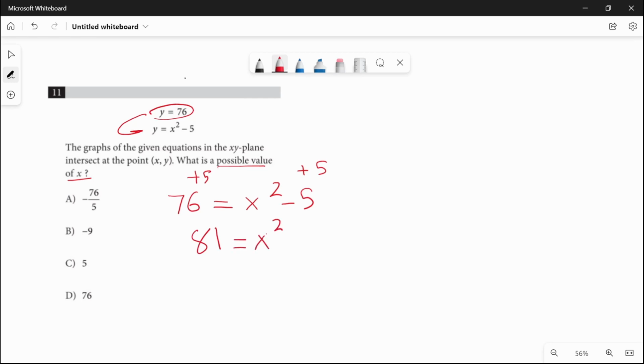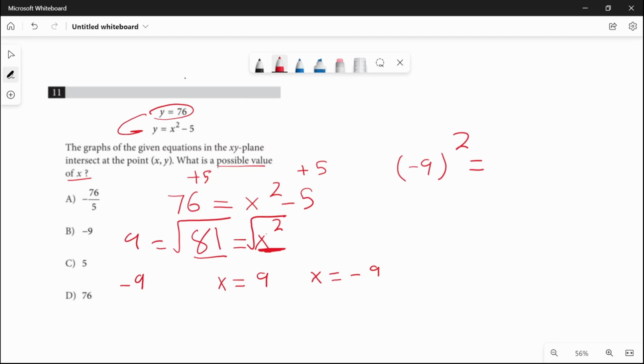And that means that x could be equal to 9 or negative 9, because we can take the square root of 81, which is equal to 9. However, if we have negative 9 and we plug it in here, we will get the same value, which is 81. Negative 9 to the power of 2 is the same as negative 9 multiplied by negative 9, which is equal to 81, because the negative signs will cancel out when we multiply them by each other. So the answer for this question is choice B.